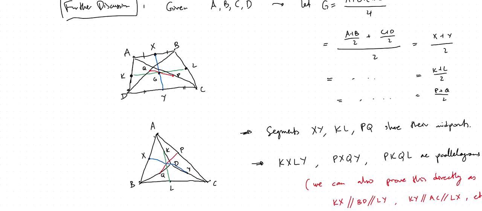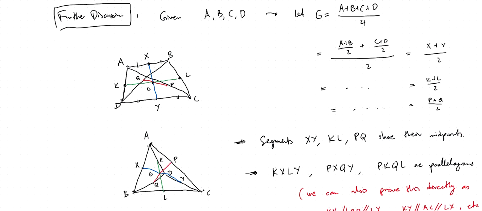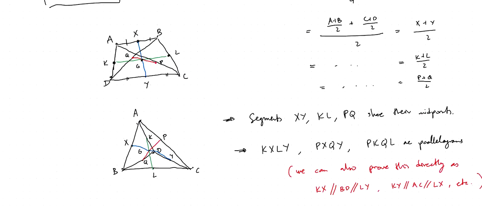So still, you see, just an alternative picture for the same theorem. So I don't need to prove it differently. It's the same proof. Still, these are parallelograms, like XKLY is a parallelogram, for example. XPYQ is a parallelogram, and QKPL is a parallelogram, etc. So G is the common midpoint of P, Q, K, L, and XY. So when this is an orthic system, do you see anything special with G or with the parallelograms?